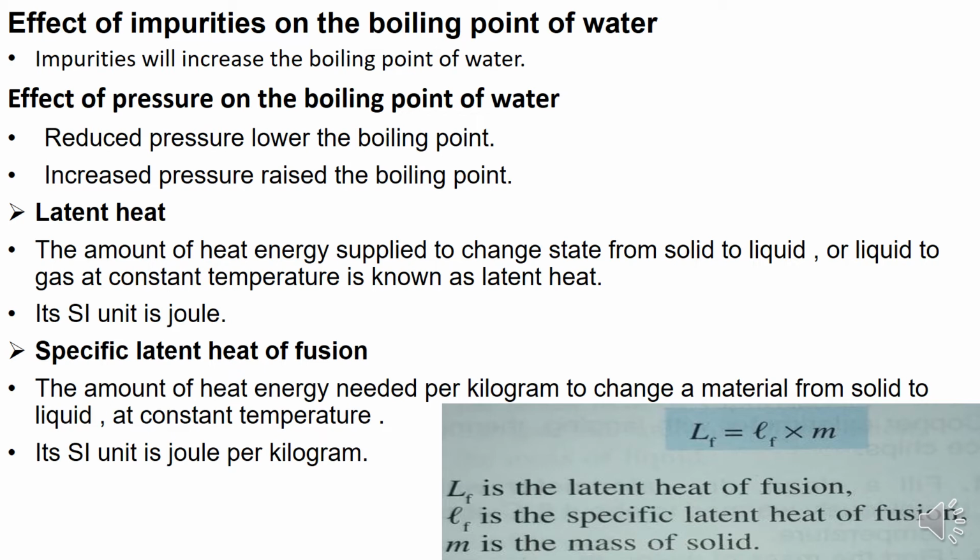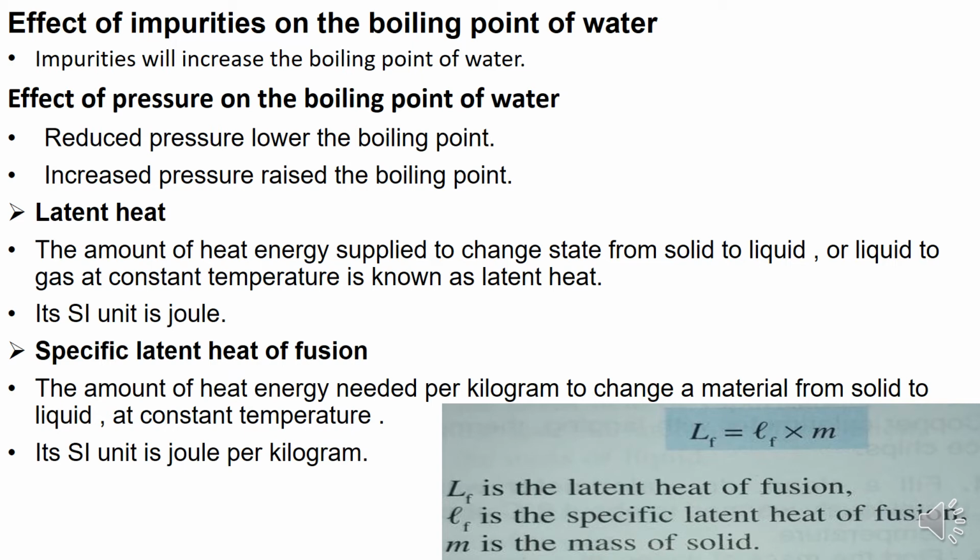Then the effect of pressure on the boiling point of water. Reduced pressure lowers the boiling point, and increased pressure raises the boiling point. Let us check each one. First, boiling under reduced pressure. Let me give you an example with an egg.